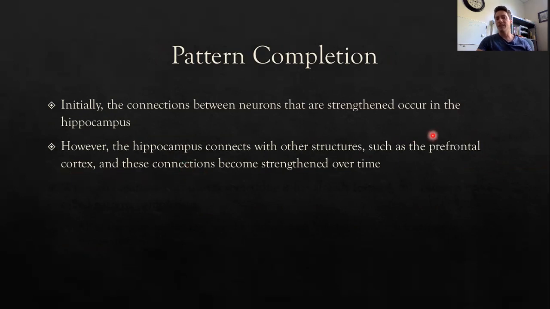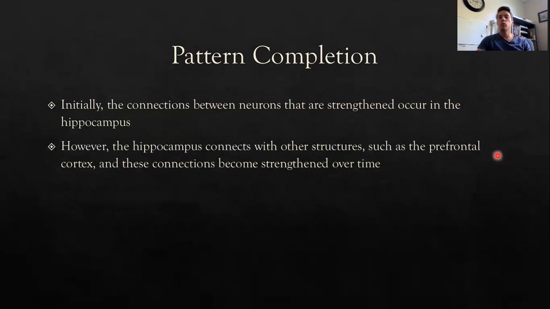But the hippocampus is sending projections, meaning neurons from the hippocampus reach out to other regions of the brain. And because the connection between two neurons in the hippocampus is strengthened, the connection of a hippocampal neuron with a neuron in another part of the brain can also become strengthened over time.